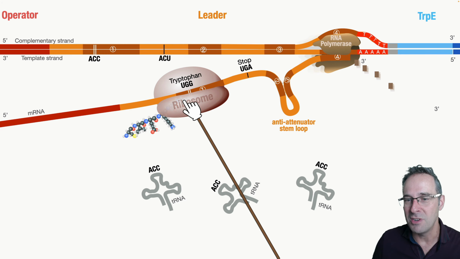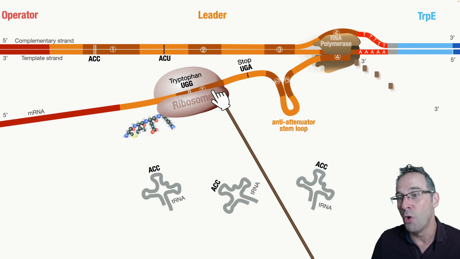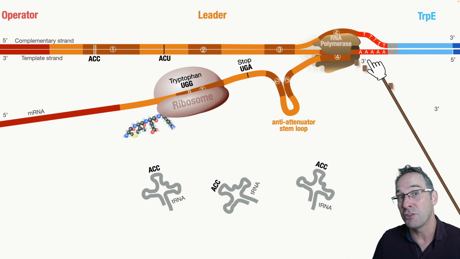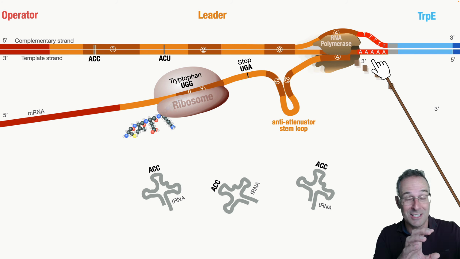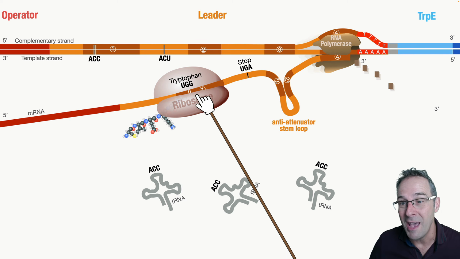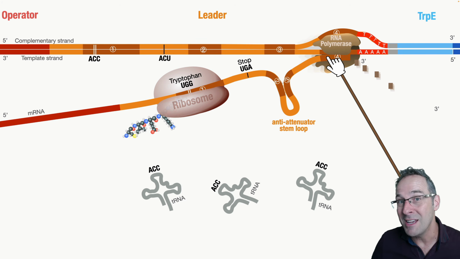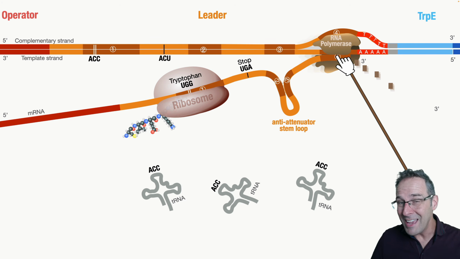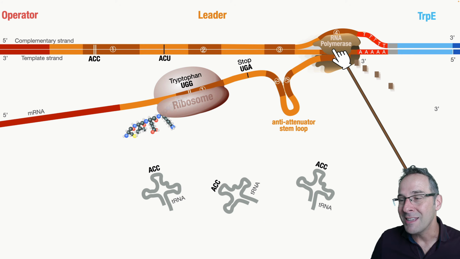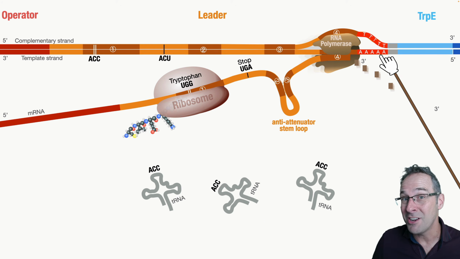Earlier, what had happened was that it had gone on longer because the ribosome had gone all the way up to the stop codon. Meanwhile, the RNA polymerase had traveled further along because they're traveling along at the same pace along the DNA. So they'd both moved further along. This time the ribosome hasn't moved as far, and the polymerase hasn't moved as far either. And so as a result, when the ribosome stops, the polymerase hasn't got up to the attenuator region yet.